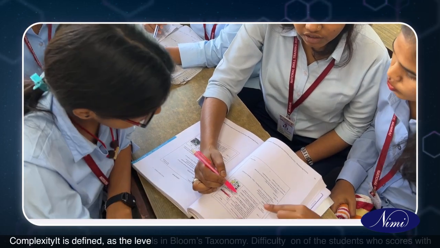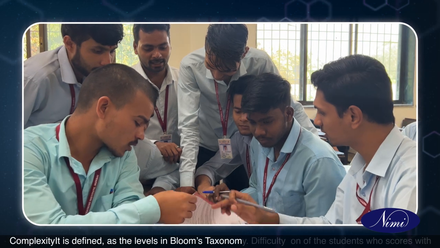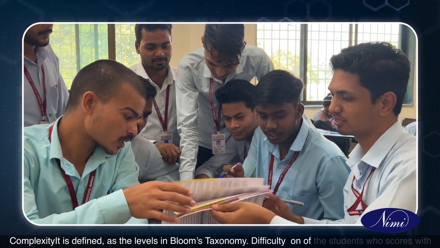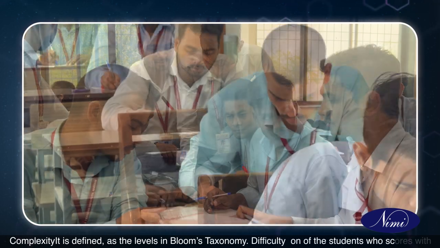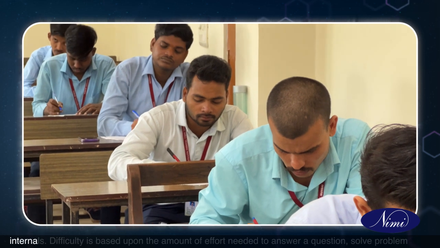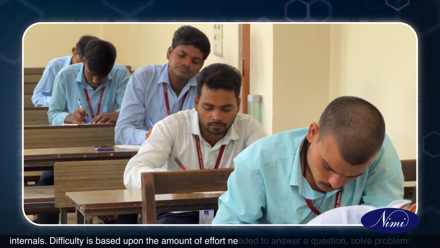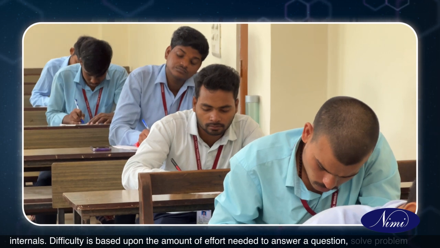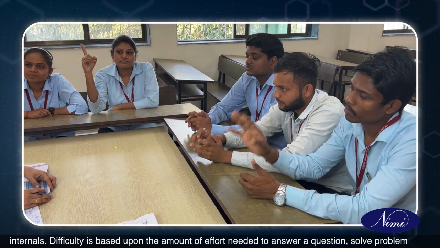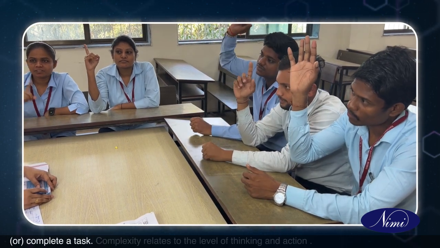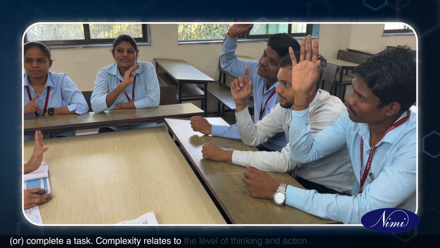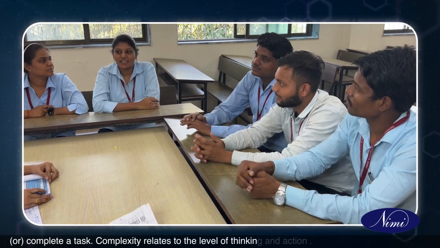It is defined as the levels in Bloom's taxonomy. Difficulty. It is represented by preparation of the students who scores with internals. Difficulty is based upon the amount of effort needed to answer a question, solve problem, or complete a task. Complexity relates to the level of thinking and action.